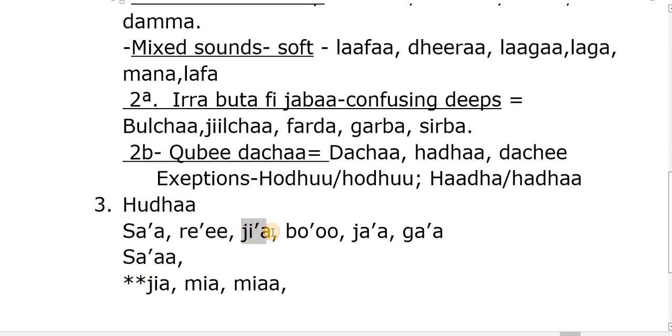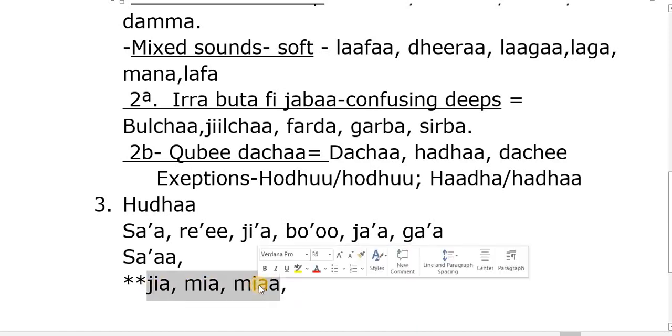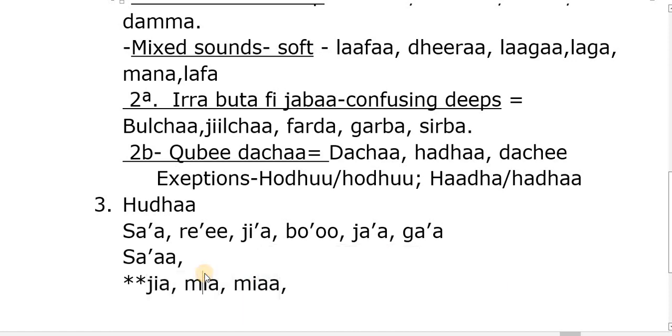So as I said here, maybe we don't need to use apostrophe, but the rule says when you hear an outspoken, clearly heard vowel sound, use apostrophe to indicate that. Ja'a, so I hear a. Mi'a, so I hear a.